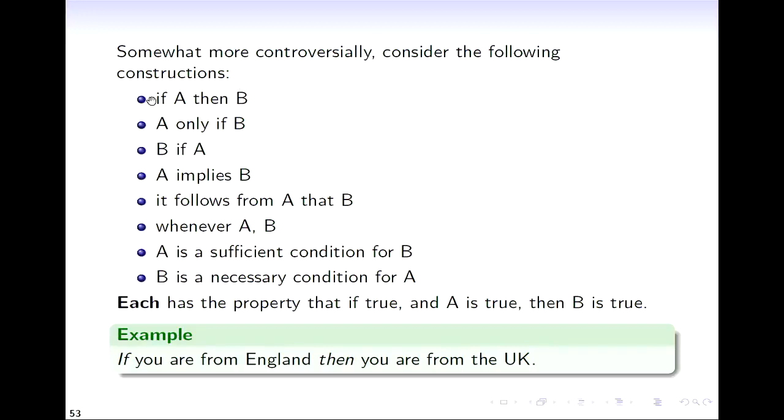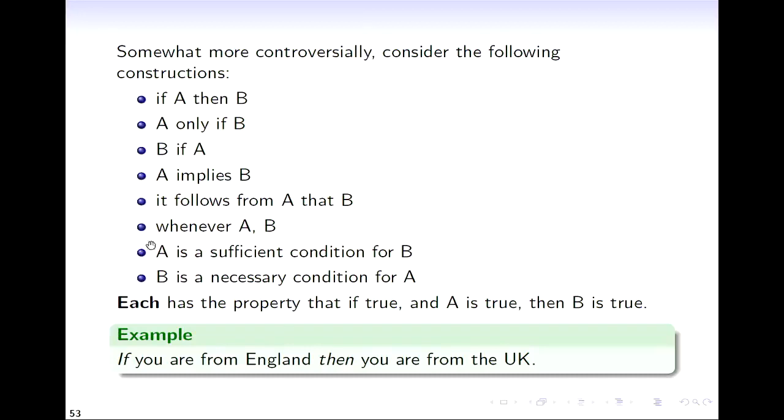Suppose we want to express the fact if A then B. We also may want to express that A is the case only if B is the case, or B if A. A implies B. It follows from A that B. Whenever A is the case, B is the case. Or, and this goes back to the beginning, A is a sufficient condition for B, or B is a necessary condition for A.